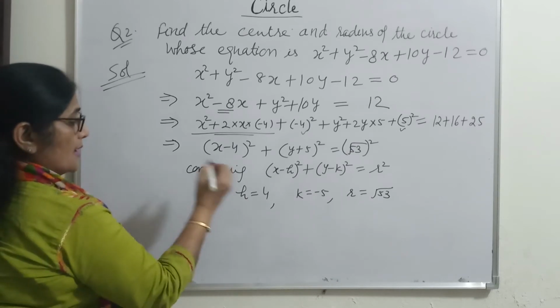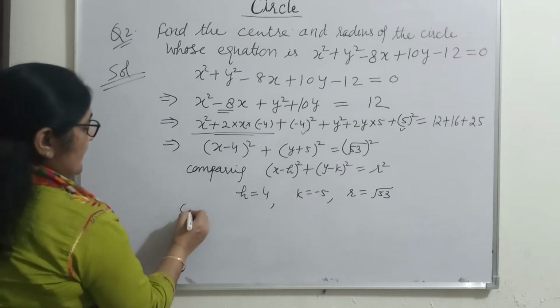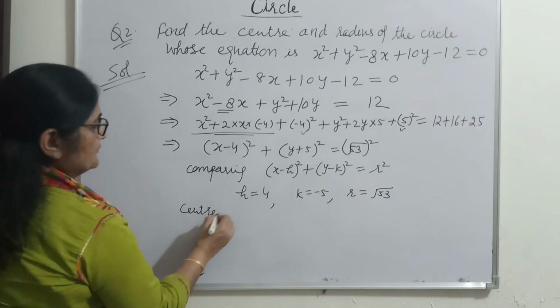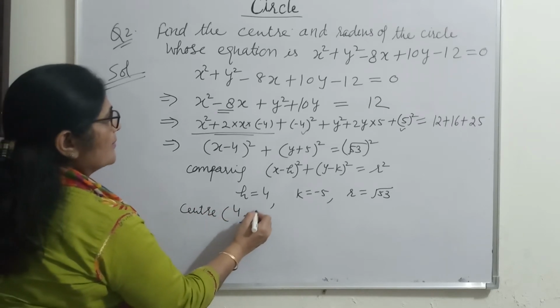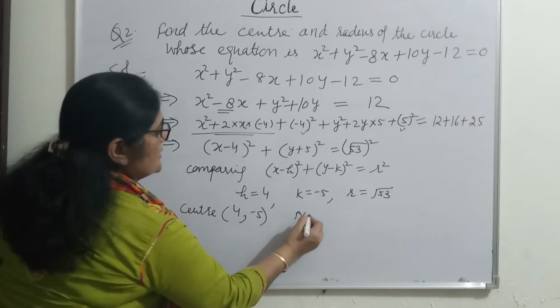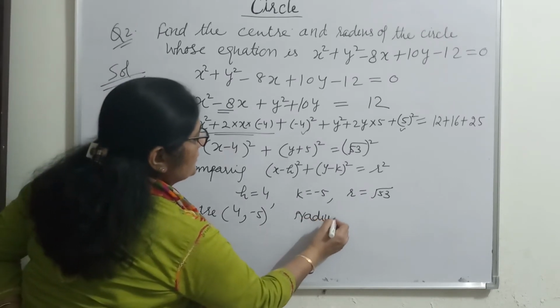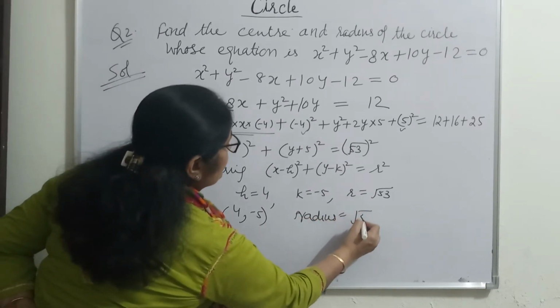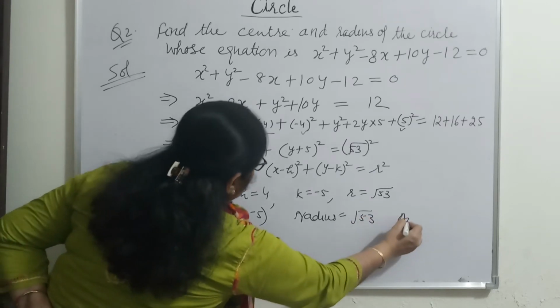So, the center of the circle is (4, minus 5) and the radius is square root 53.